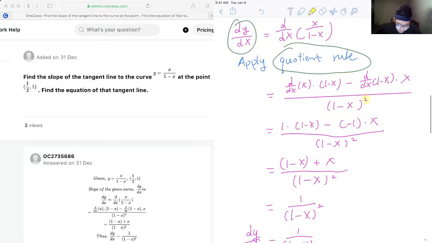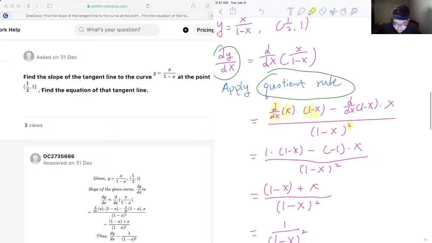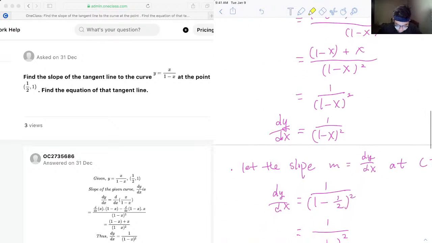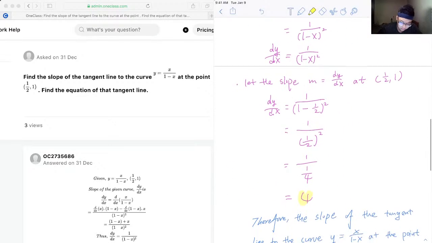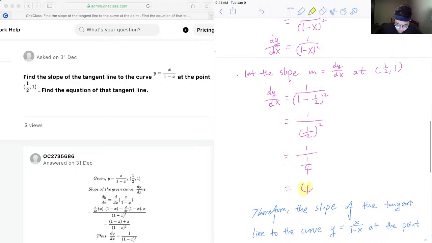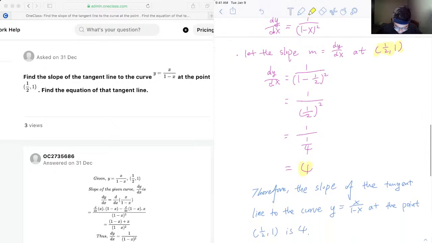For the top, it's the derivative of the numerator times the denominator, minus the derivative of the denominator times the numerator. After solving that out, substitute the specific coordinate into the equation to get the slope.